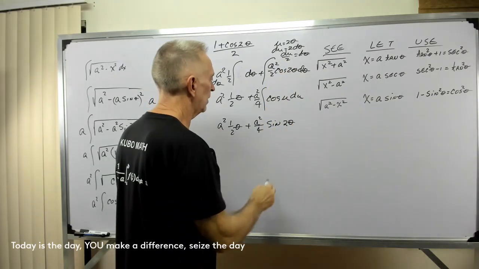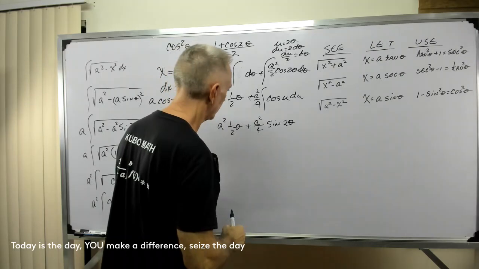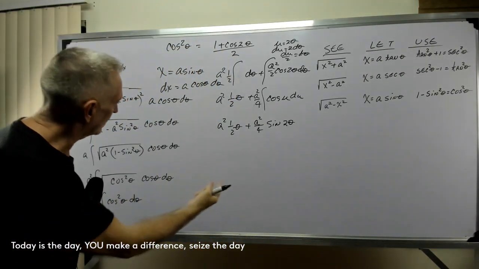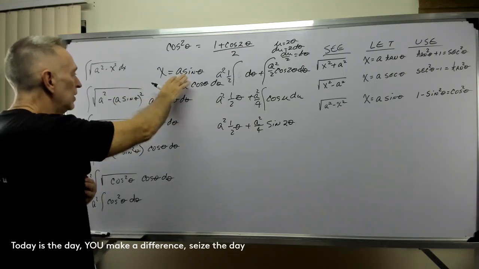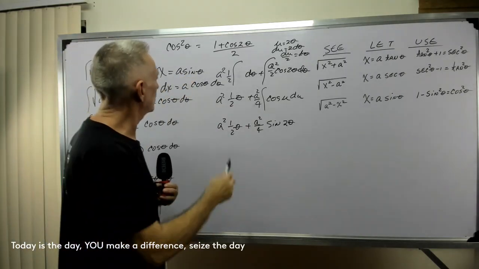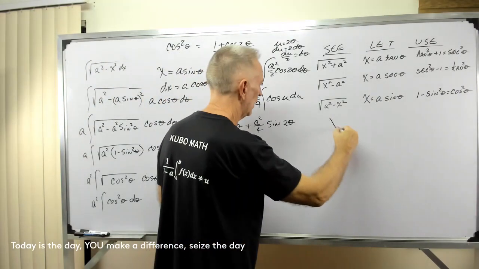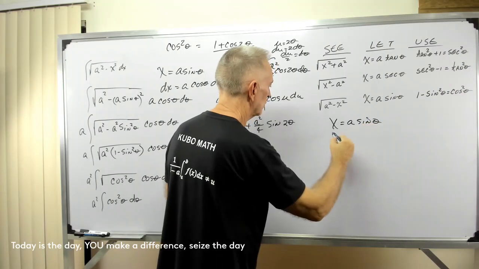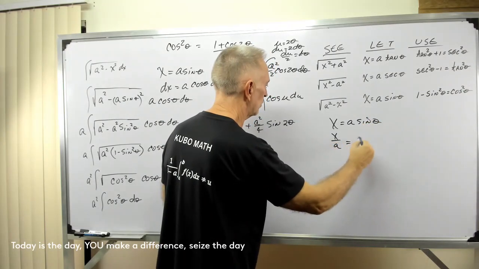I'll go back to the theta world here. Now we've got to get rid of theta and get back to the x world. So sine theta was x. X equals a sine theta, so x over a equals sine theta.